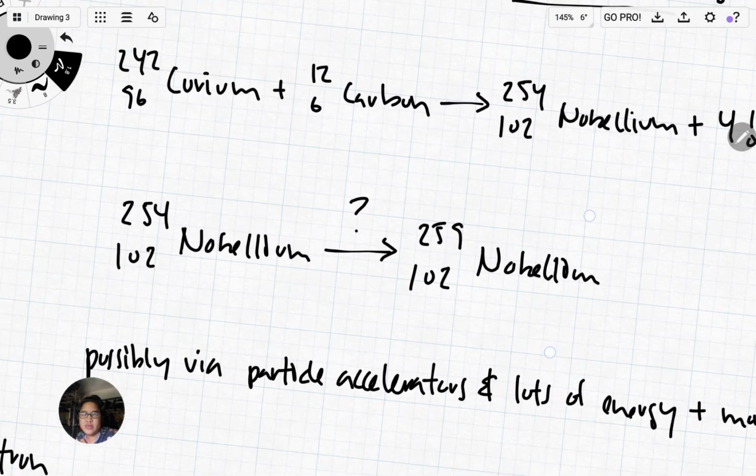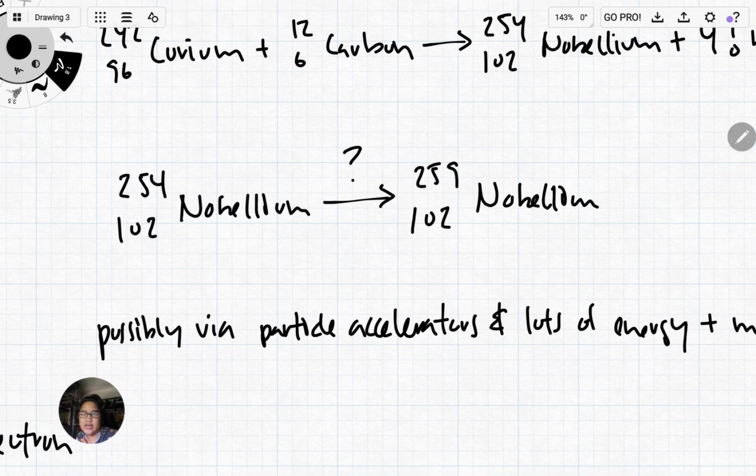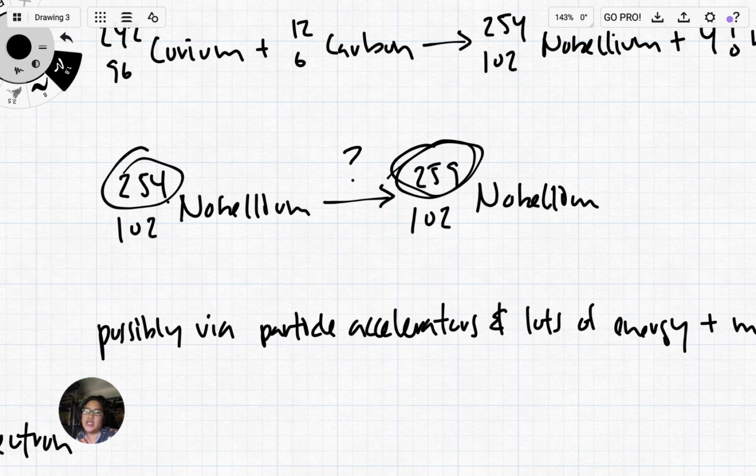So this is where it gets kind of tricky. We got 254 over 102 nobelium, but we need 259. We need 259, so we're off by 5 neutrons in the nucleus of this element.